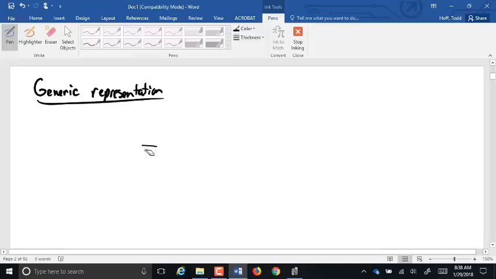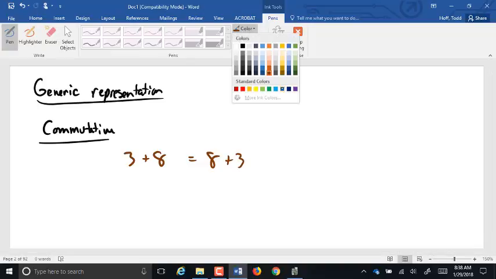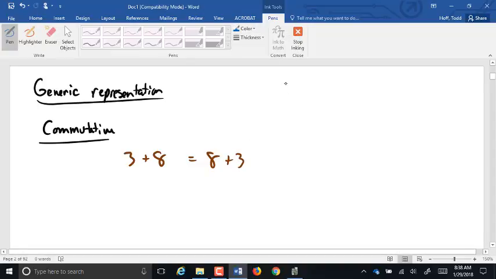We talked a little bit last week about some of the properties of numbers. One of them we talked about was commutative. This applies only to addition and multiplication. So that 3 plus 8 is equal to 8 plus 3. Well, because that's true for any two numbers, we don't have to write the numbers in there. We can use variables.